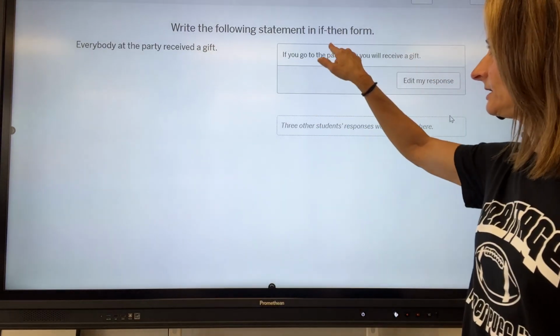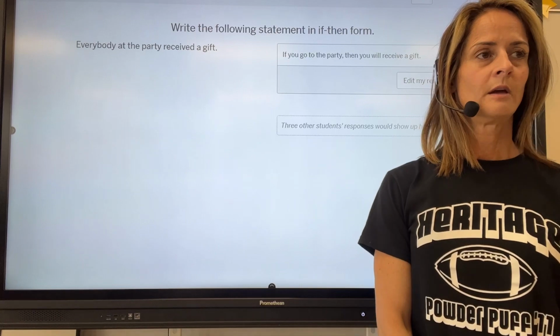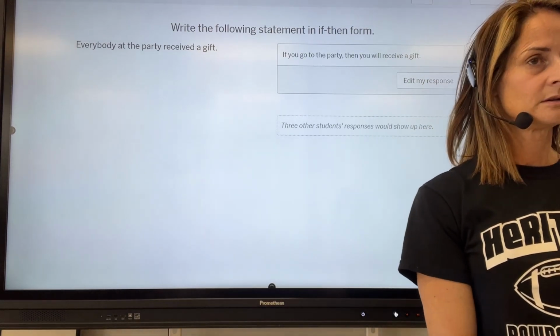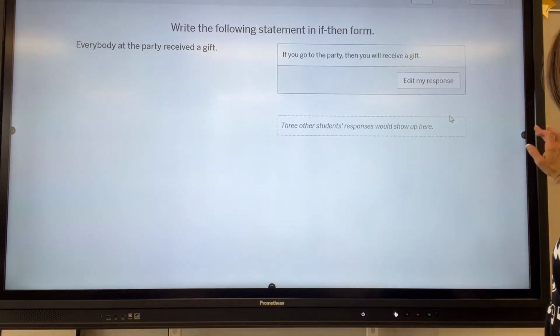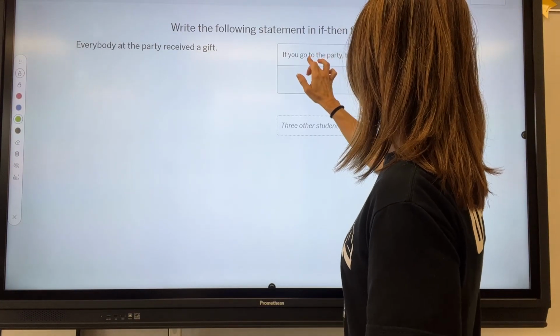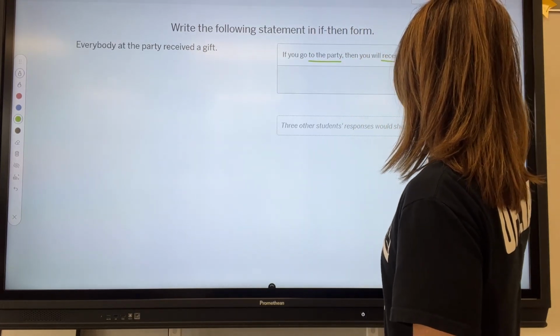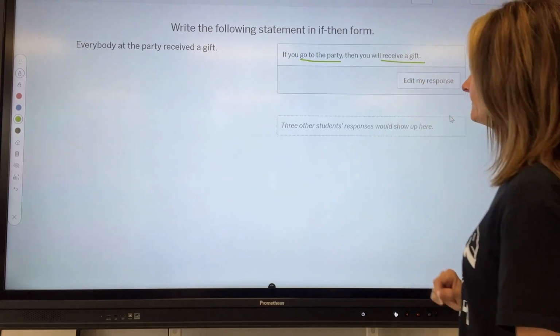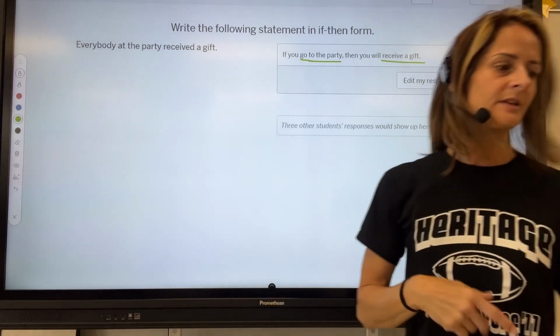The hypothesis is you go to the party, and the conclusion is you receive a gift. A lot of times, the easiest way to identify those is to focus on the important words. Go to the party, receive a gift. Those are the important words. And that's how the next slides are set up.